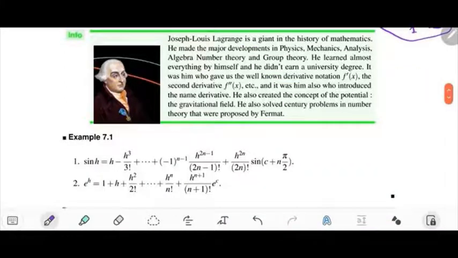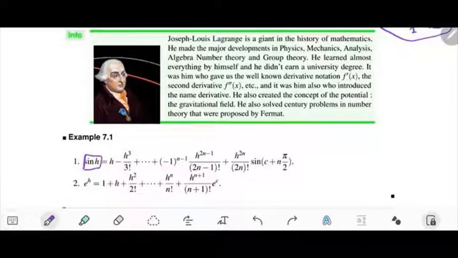Let's take, for example, the function sine. So sin h will be written as h minus h^3 over factorial 3 plus etc., plus (-1)^(n-1) h^(2n-1) over (2n-1) factorial. So why don't you have an h^2 in here, for example?